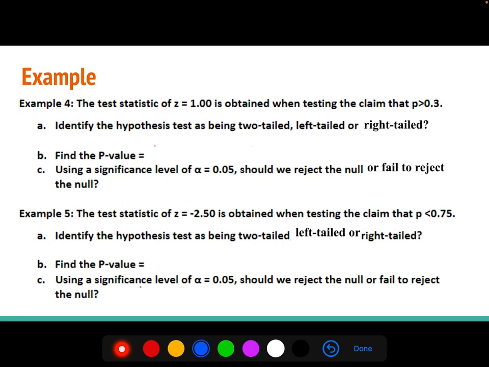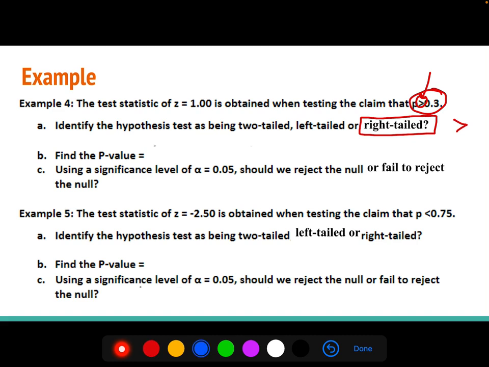So first things first, we have Z equals 1.0 is obtained when testing the claim that P is greater than 0.3. Greater than, it says greater than, suggests that our answer is right-tailed. And again, that's because of the greater than sign.